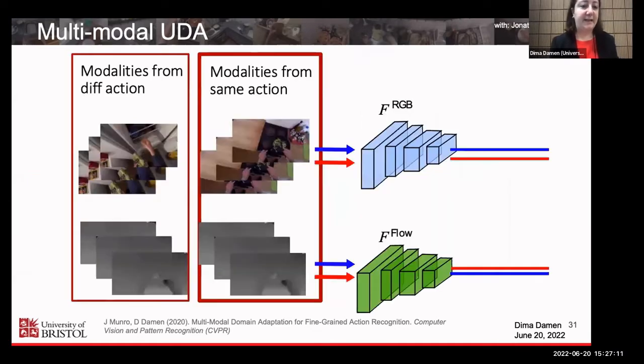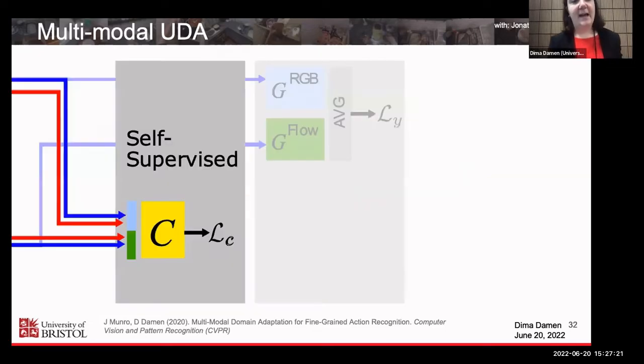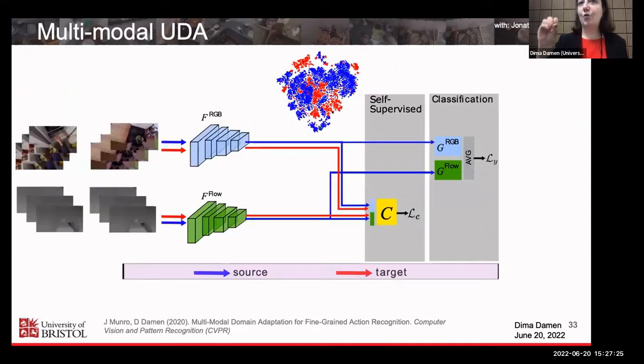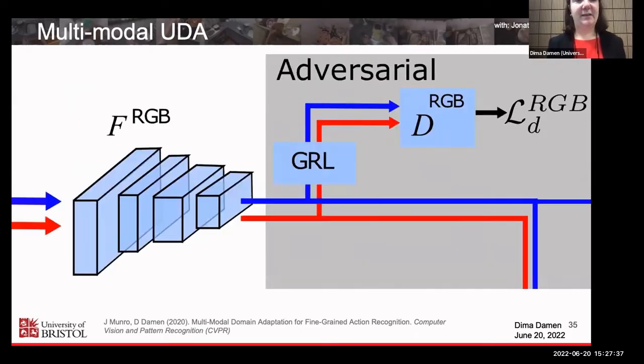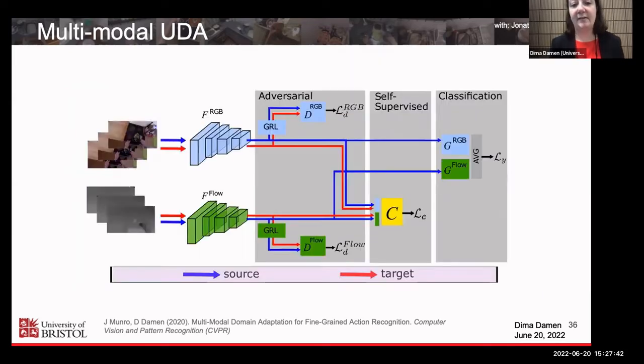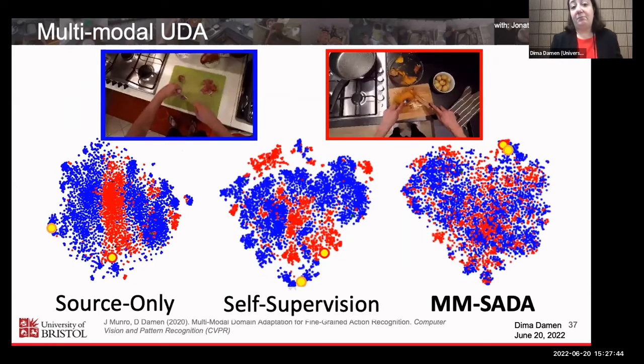So we take modalities of the same action, and modalities of different actions, and this doesn't need any labels, because you can even do that on the new kitchen with no labels. Just by doing this self-supervised exercise, you end up grouping the big red space that was the new kitchen into actions that are similar to one another by using the two modalities. Then with some adversarial knowledge, a gradient reversal layer that attempts to stop the discrimination between the source and target, eventually you end up doing really well.